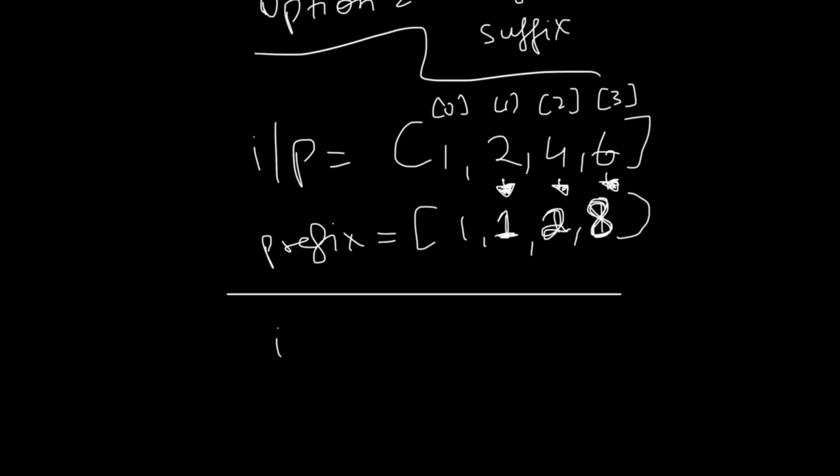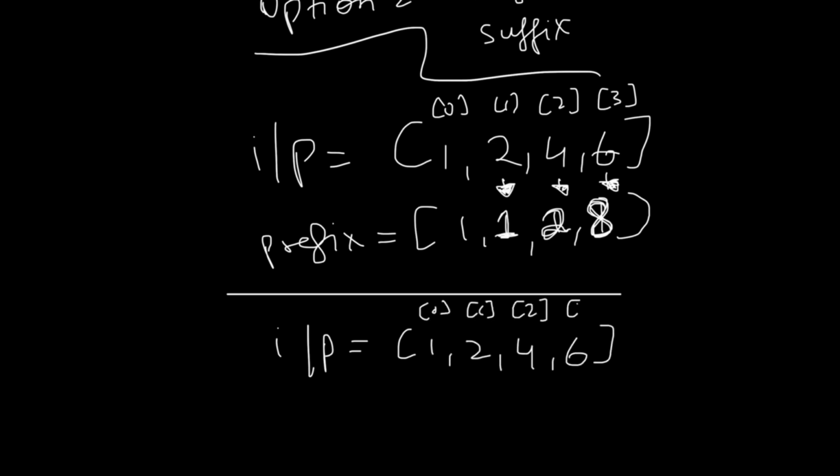Now for the suffix array, we'll do something similar, but we'll start backwards. So we have 1, 2, 4, and 6 at indexes 0, 1, 2, and 3. And now we want to calculate the suffix array.